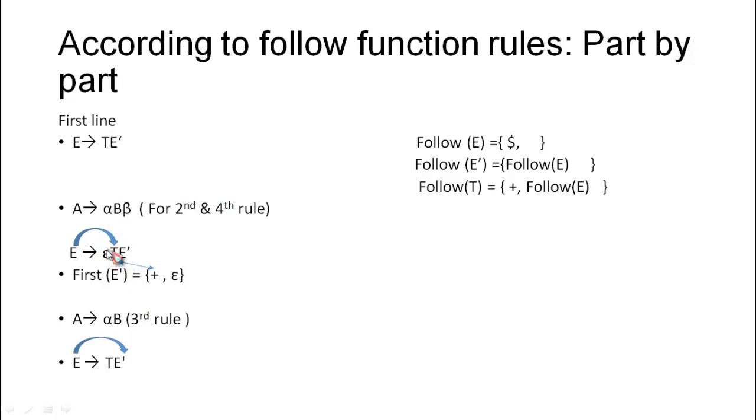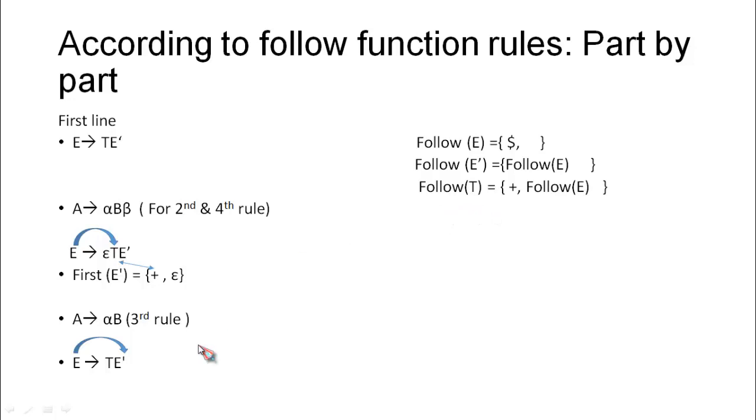So here epsilon is alpha. So we check the first of beta, that means E prime: plus and epsilon. So plus is put in follow of T. If there is epsilon, we go to the fourth rule. So follow of E will be placed in follow of T.